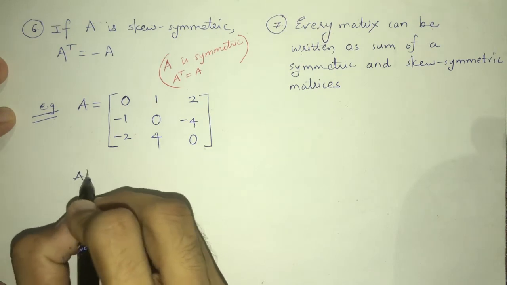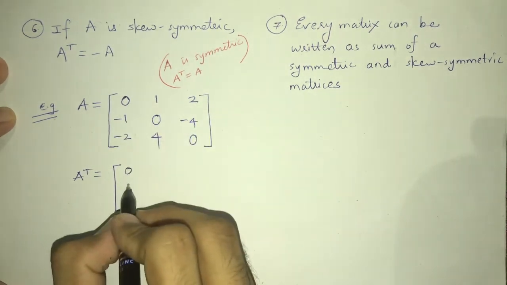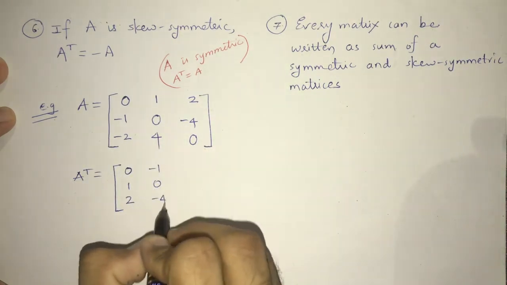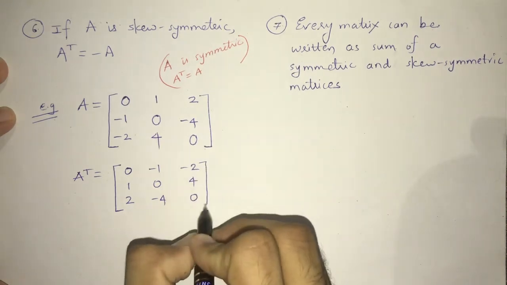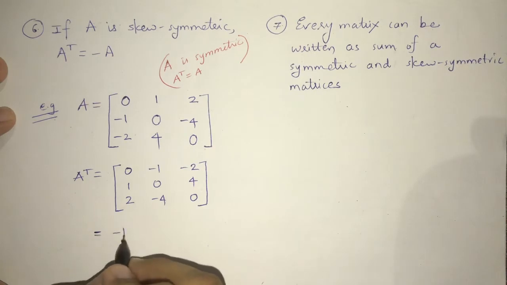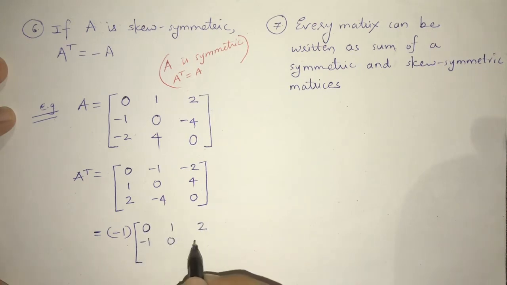Then I'm going to take the transpose. When I take the transpose, first row will become first column, second row will become second column, third row will become third column. And then I see this as -1 multiplied to the matrix 0 1 2, -1 0 -4, -2 4 0.